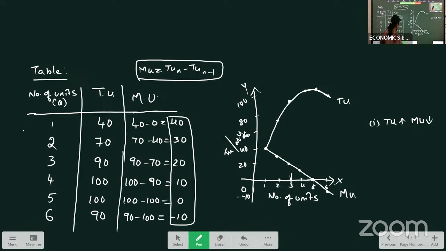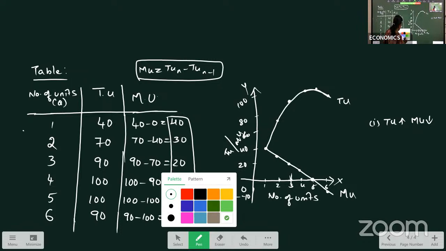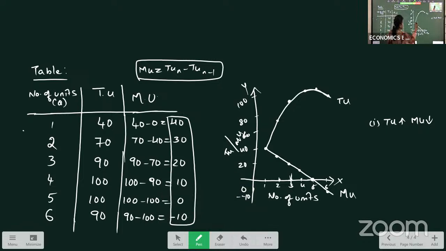I will show that with another color. See, when total utility is increasing, marginal utility is decreasing. That is the first relation we have written. Second, what we observe is, when total utility is maximum, marginal utility is becoming 0 over here.